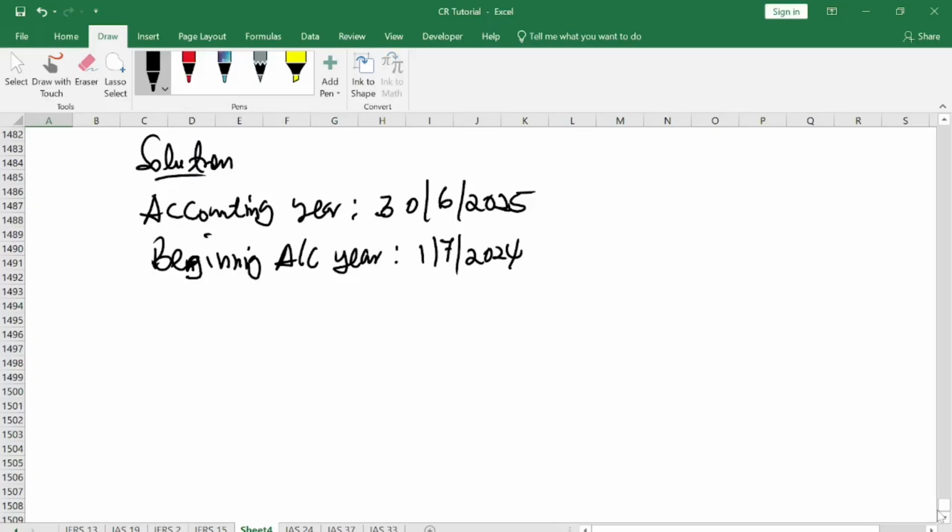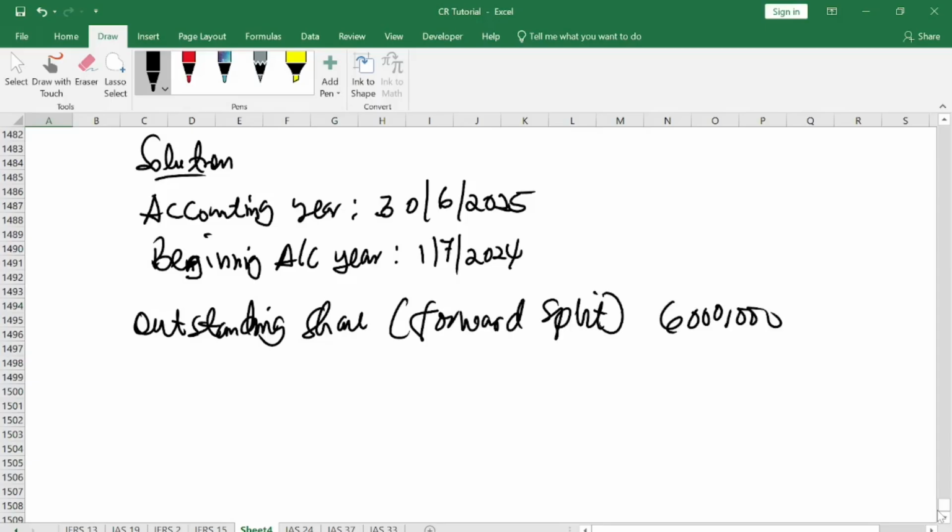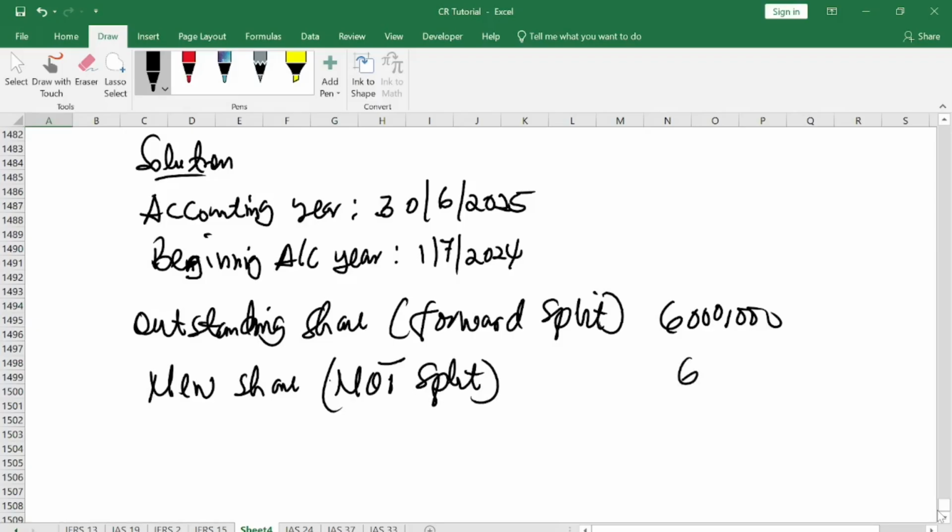What you have to note here is this. The outstanding shares, the 6 million, are forward split, and they issued new shares, 600,000, which are not split. For that reason, you cannot combine these two shares together.